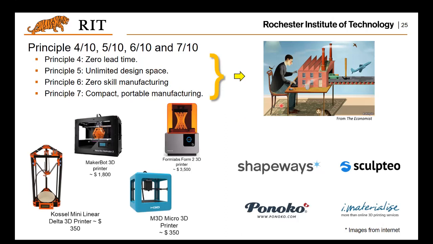So by integrating design and manufacturing together, what you need to do is just design what you want. Of course, you want to do a little verification before you actually print it. But after you determine your design, what you need to do is just pass the 3D design model to the 3D printer. Then the rest is waiting for the 3D printer and getting the part. So that simplifies the manufacturing process quite a lot.